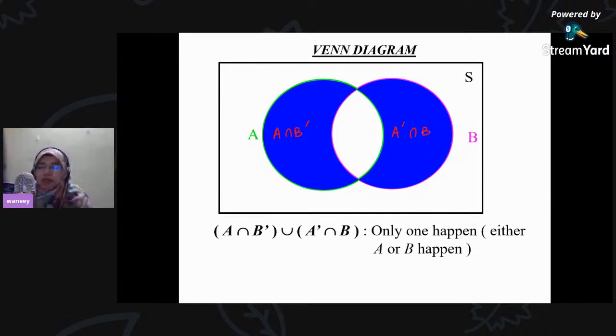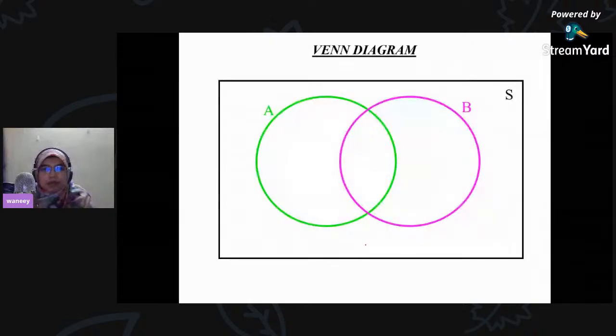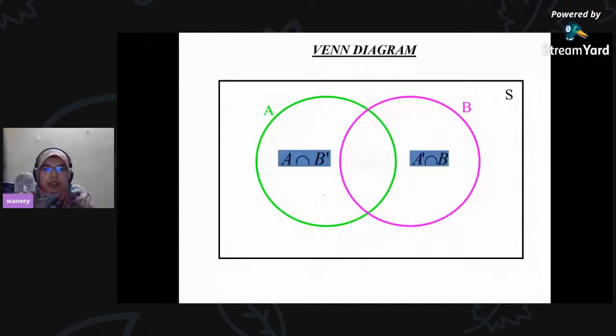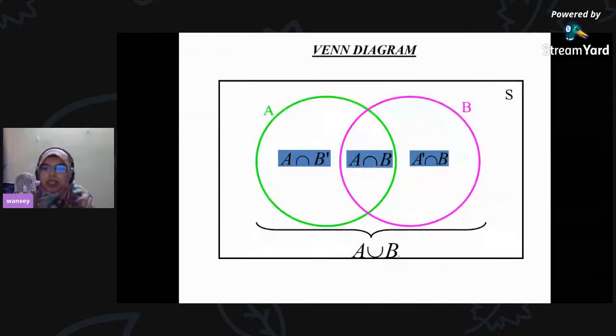It can be A happens without B, or B happens without A. Then this one right in the middle, both of them happen, so this is A overlap with B. From event A until event B, that is actually A union B.